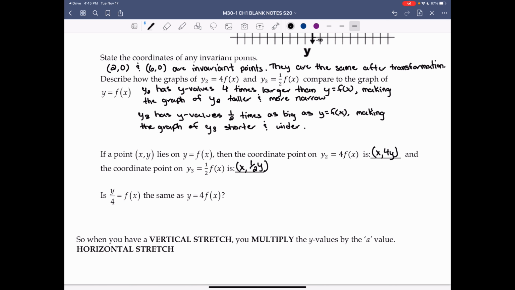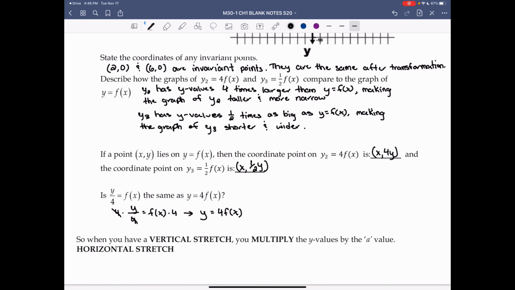Is y over 4 equals f of x the same as y equals 4 times f of x? For y over 4 equals f of x, we can move the 4 to the other side of the equals by multiplying both sides by 4. Then 4 divides out here, and we get y equals f of x times 4, which we can write as 4 f of x.